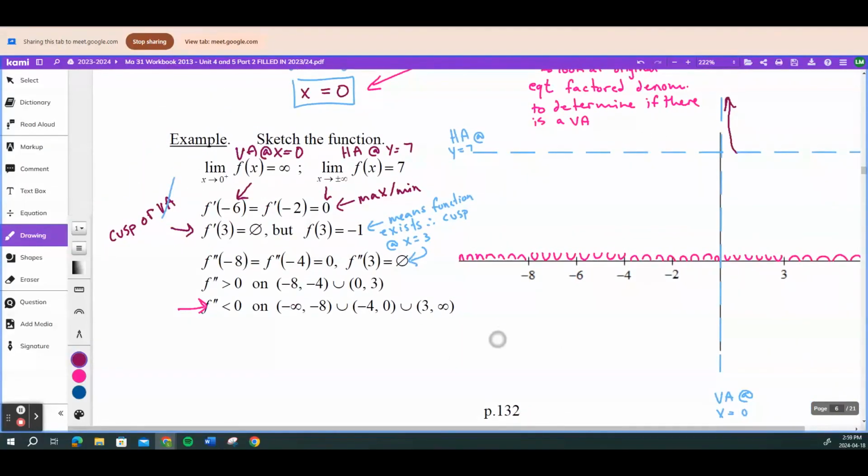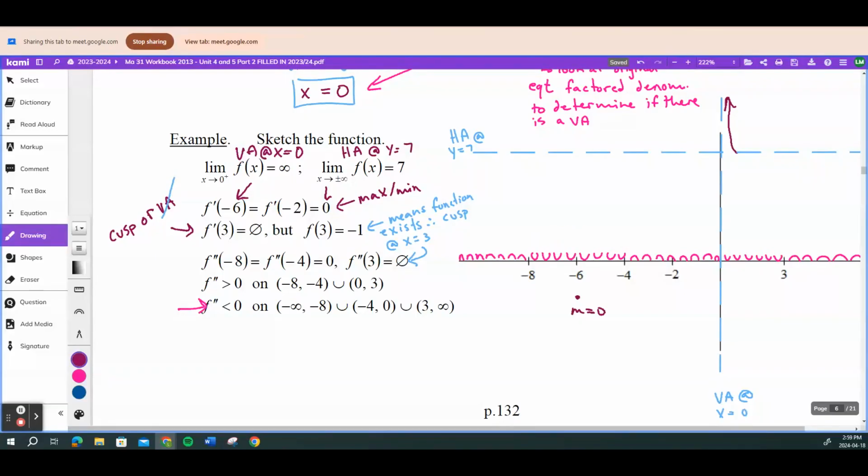But what we can do here is I'm going to put it here and just say slope, or our first derivative, is equal to 0. The reason I'm putting it lower is because we're told that this section right here is concave up, so it's easier to draw if we put our point lower down.